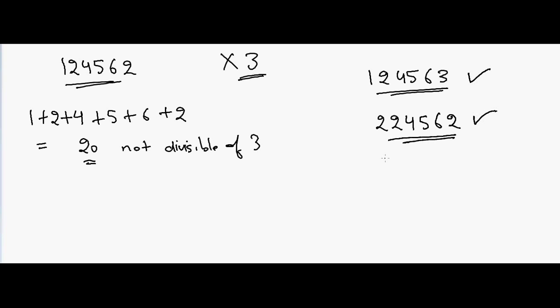Or we can increase 1 in each of these and say 3, 5, 6, 6, 2. So this should also be divisible by 3. What I'm doing is making a modification by changing the number so that the sum will be divisible by 3. In that case the whole number should be divisible by 3. That's how this trick works.